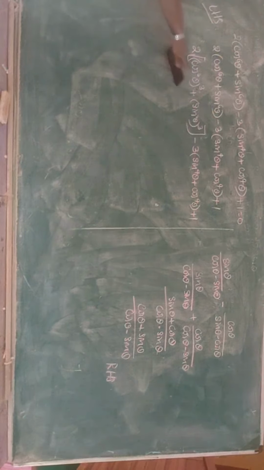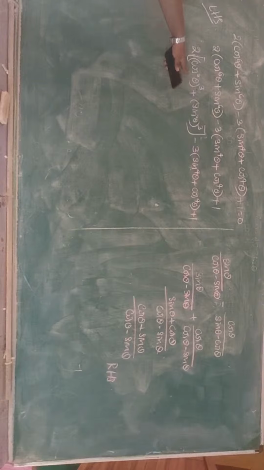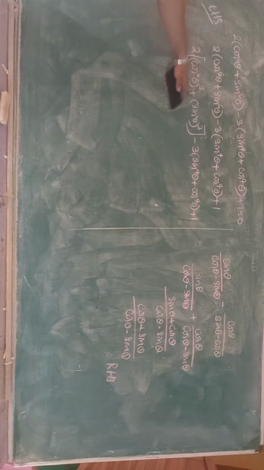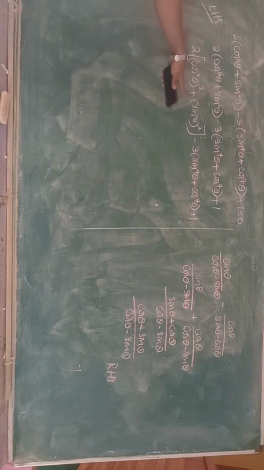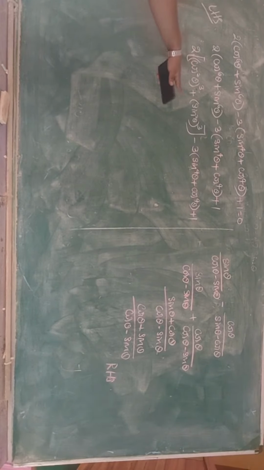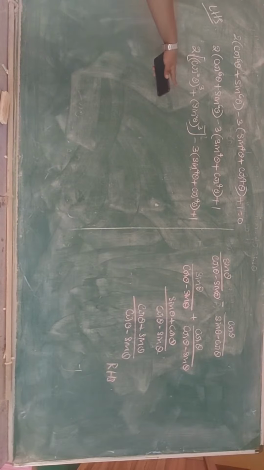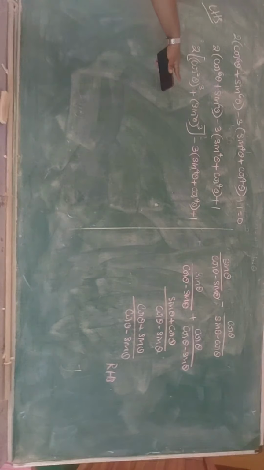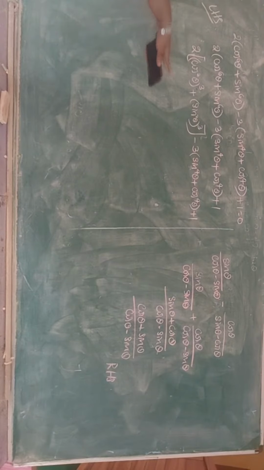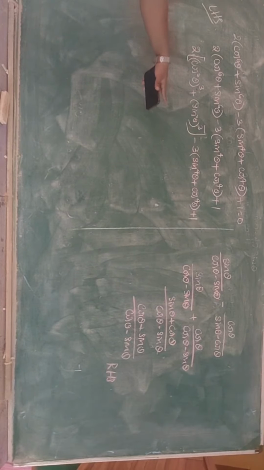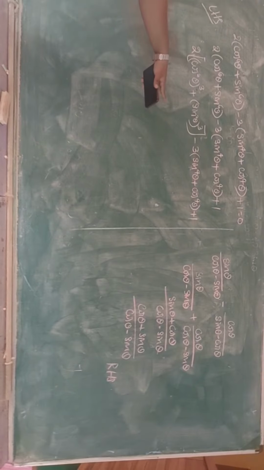See, the first equation, cos square theta whole cube plus sin square theta whole cube, it seems like a cube plus b cube, right? So what is the expansion of a cube plus b cube? A cube plus b cube is a plus b into a square minus ab plus b square.